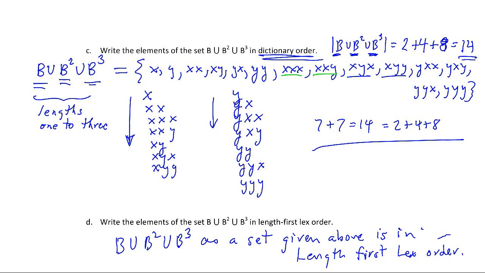I started with the short ones of length 1, then I went to the ones of length 2, and those of length 2 I made in Lex order, and then the ones of length 3 I also did in Lex order. So it's given above. Okay, hope that helps. This is a longer example.